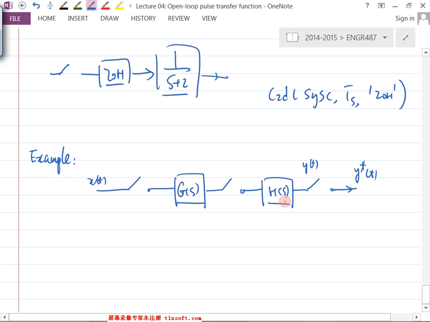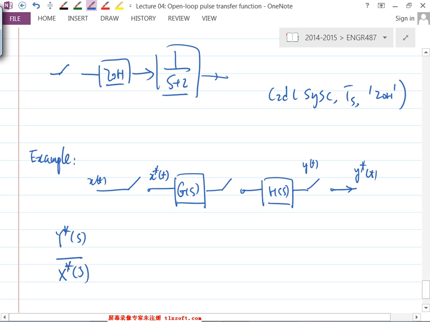The one difference that often makes the discrete time control system is that the system is always a mix of analog and digital, right? Always a mix. So ultimately, in this particular case, what you need to find is the relationship between y star of s and x star of s, right?